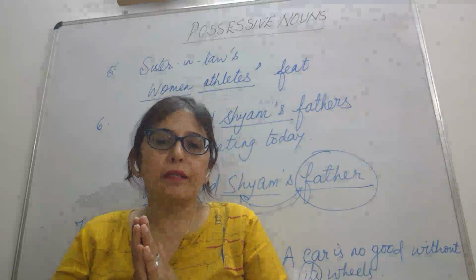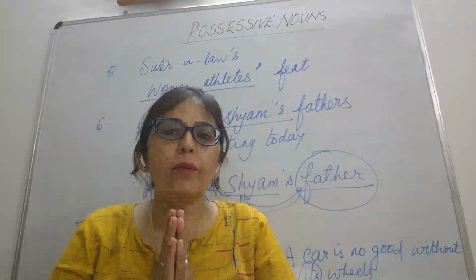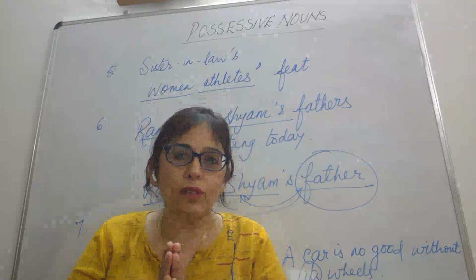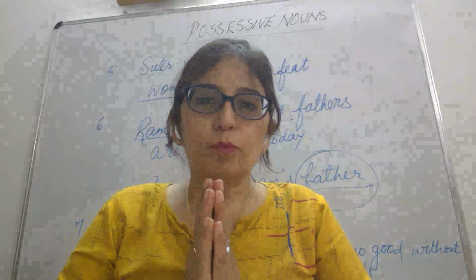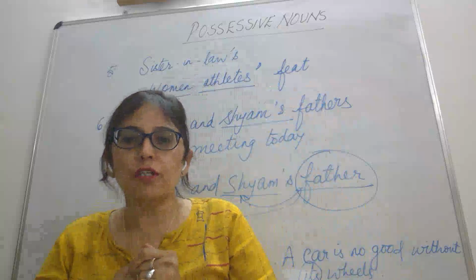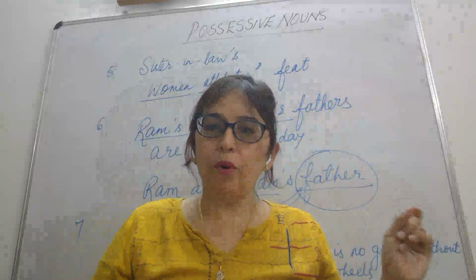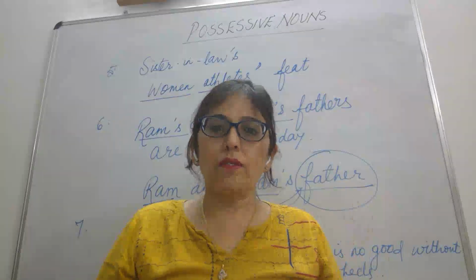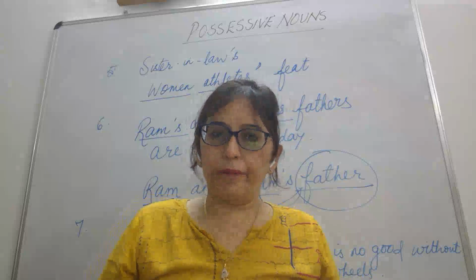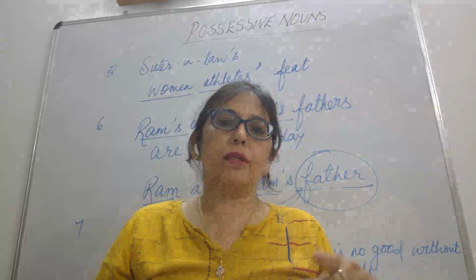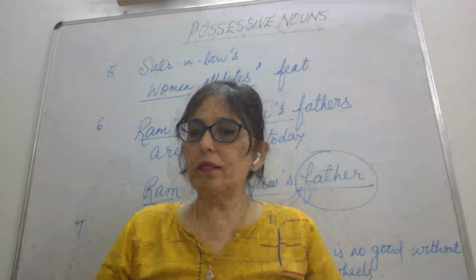If the noun is plural ending with s, then we do not add s to show possession, but just an apostrophe. For example, boys' room, boys' hostel, officers' mess. And if a noun is plural and does not end in s, for example men and children, then we put an apostrophe and s.